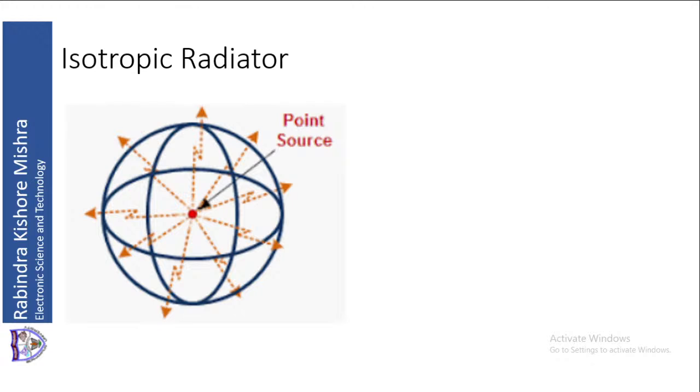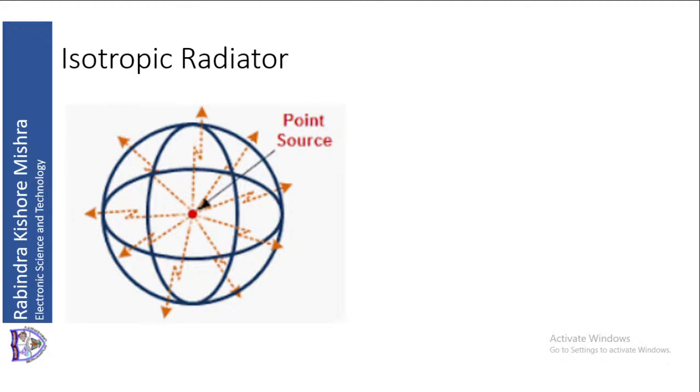So if you have an antenna that is a point source, and as you know, geometrically the point exists in the definition, but physically the point does not exist. Therefore, isotropic radiators are radiators by definition, but they are not physical radiators.